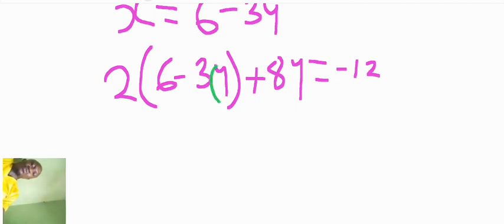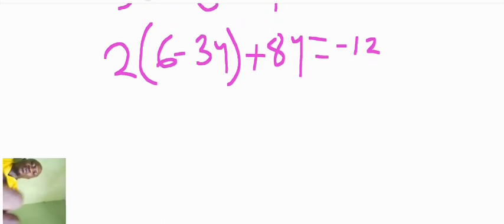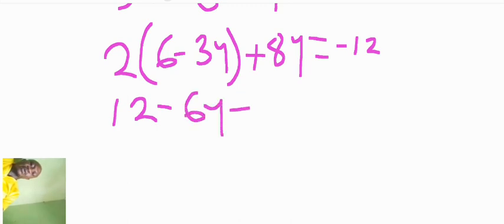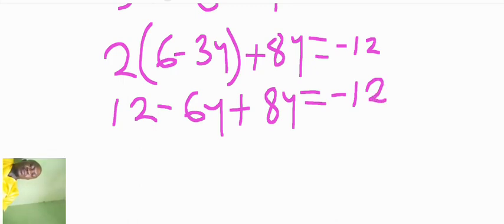Okay, the step 3 says that this will result in an equation with one variable. So we have only one variable here, that is variable y. Okay, step 4, we have to solve the equation. To solve this equation, let me open the bracket first. If I do that, I'll be having 12 minus 6y plus 8y, and this will be equal to negative 12.